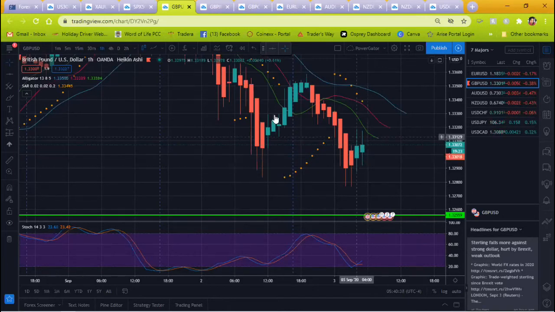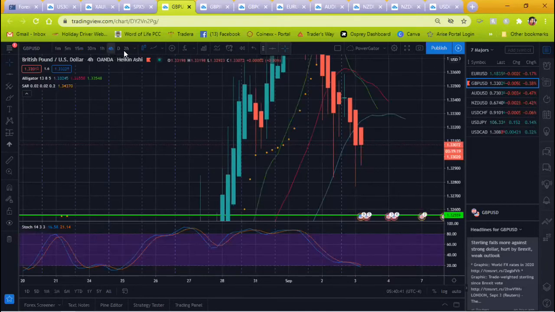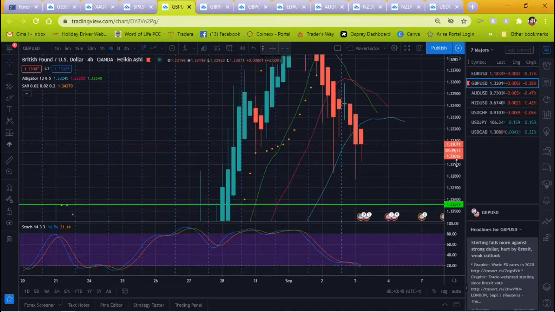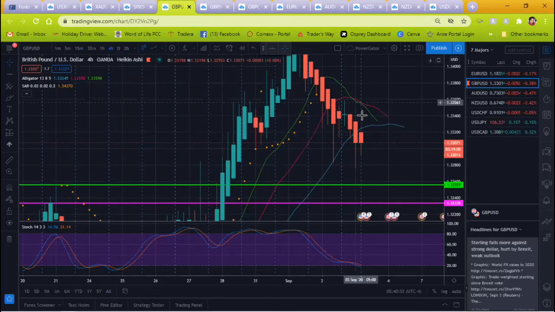It doesn't know what direction it wants to go in. What's that 4 hour doing? Okay, 4 hour has just crossed over. Let me bring this down so that you can see what I'm seeing. That 4 hour has just crossed the green over that red. That green is approaching that blue down into a sale.